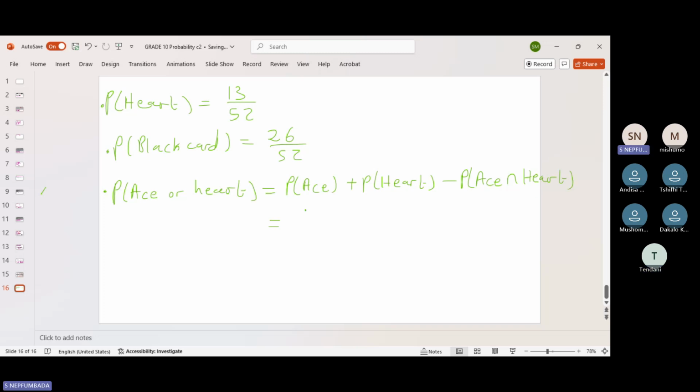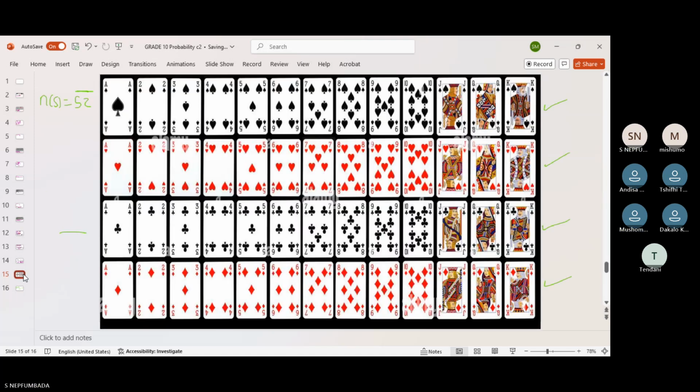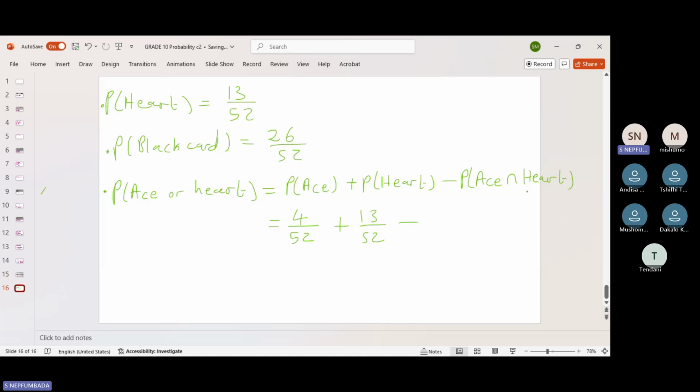What is the probability of getting an ace? We've got 4 aces out of 52, plus hearts, 13 hearts out of 52, minus. Do we have an ace which is a heart? Yes, here it is. It means it's 1 out of 52, the intersection of those two.